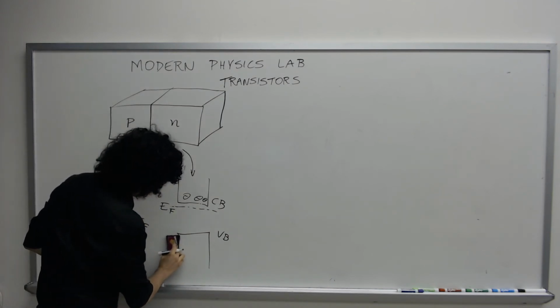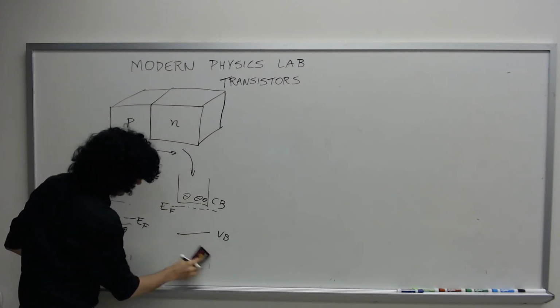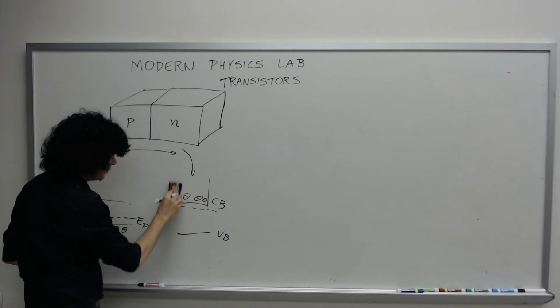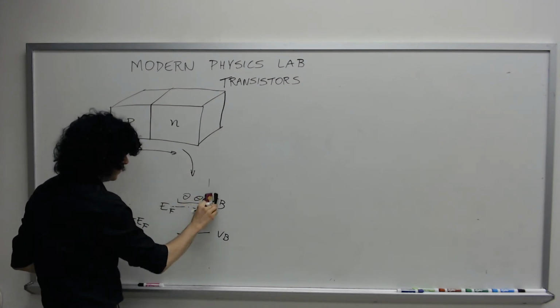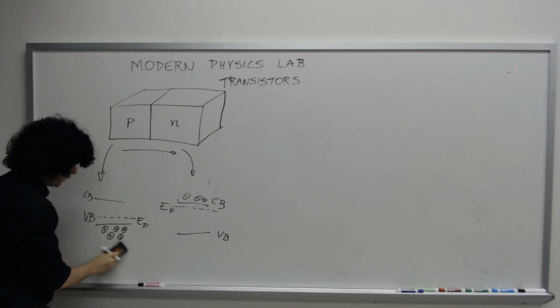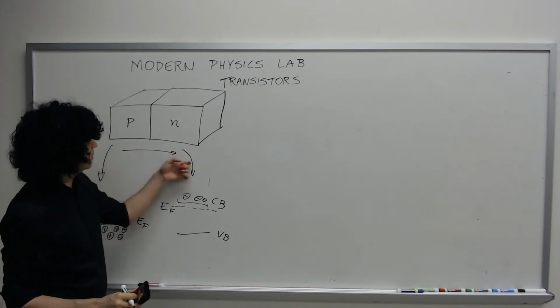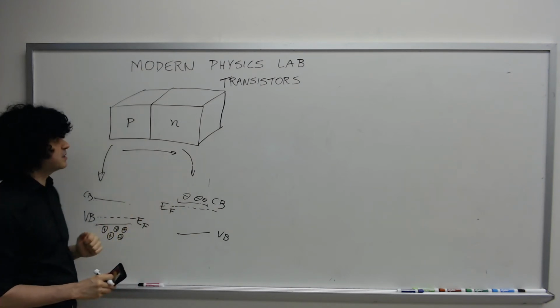I will, for simplicity, also get rid of these vertical lines. And now I can see the charge distribution when I travel across the device.